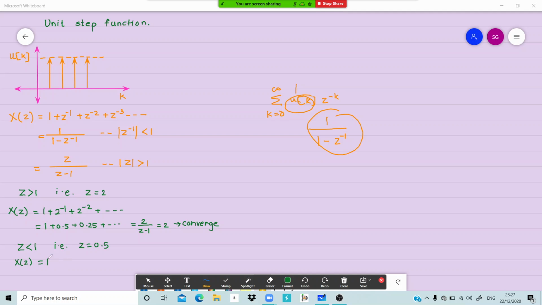So I'll write 1 upon 2 raised to minus 1, that is 0.5 raised to minus 1, 1 upon 2 raised to minus 2, and will continue. So what is it giving us? 1, plus 2, plus 4, right, and definitely this will keep on going and tend to infinity, and that's why it is not convergent.